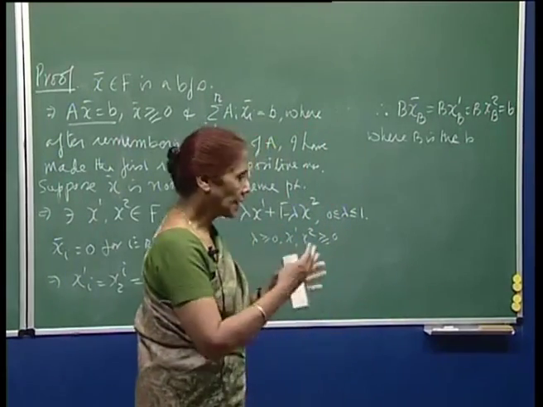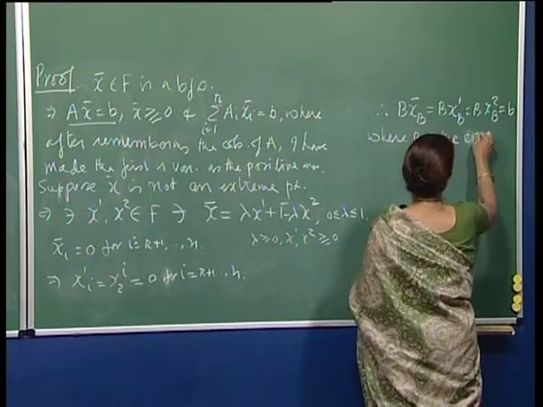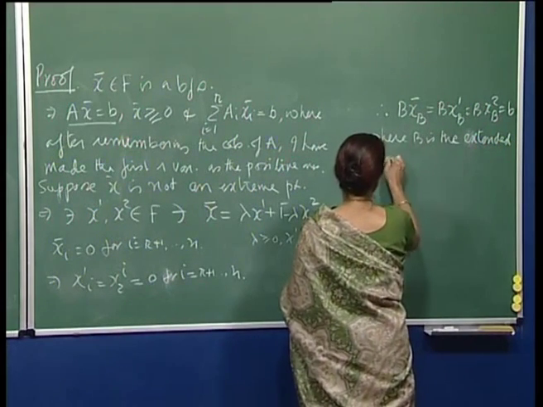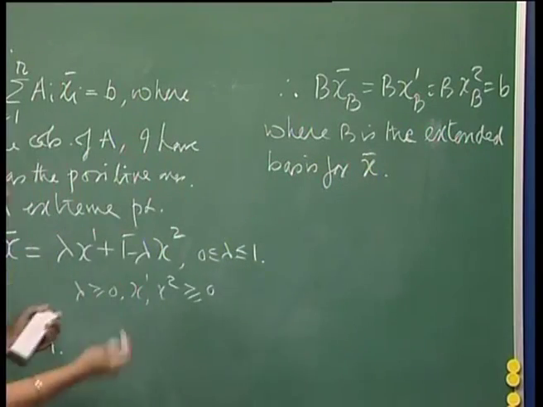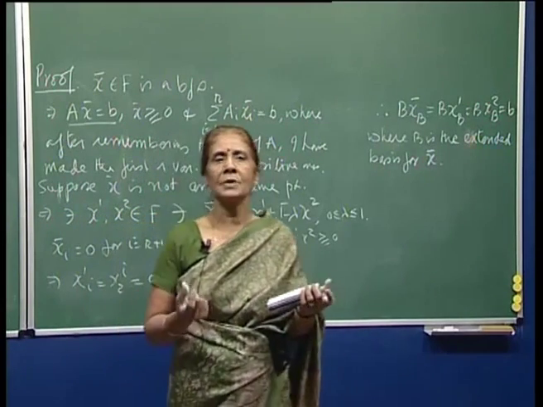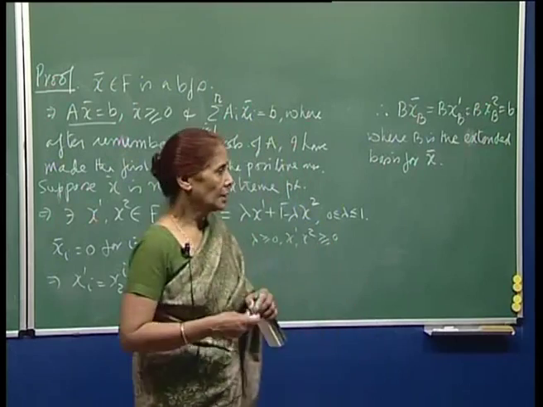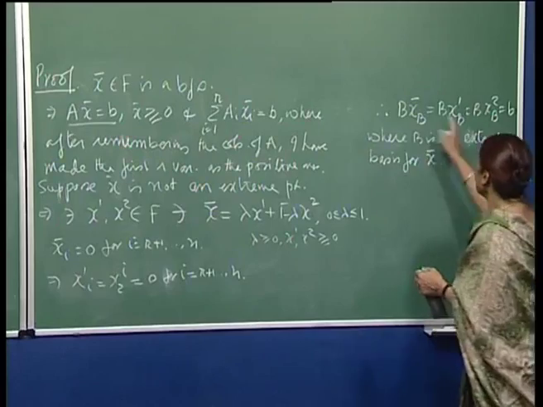So, let us say that we have extended the basis, where B is the extended basis for x bar. Okay. I have explained this concept also to you, that if you have a set of linearly independent columns which is less than the basis size, then you can always add a few more columns to it so that it becomes a basis. So, B is the extended basis.